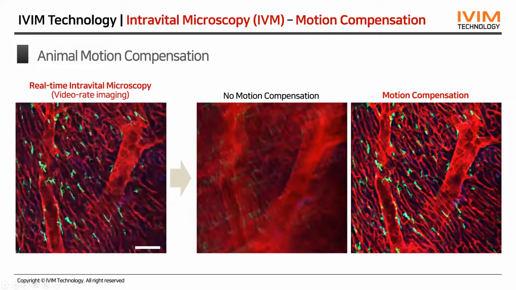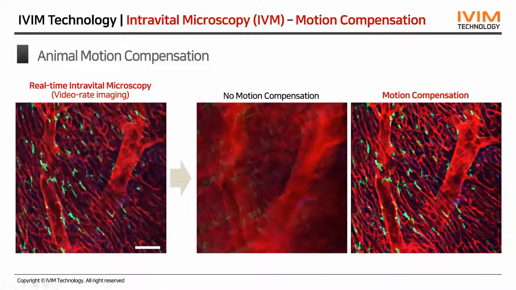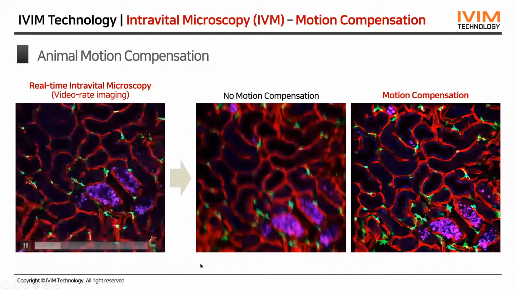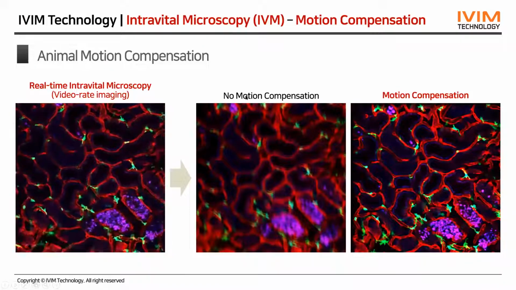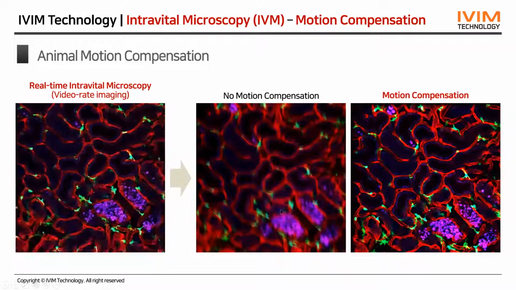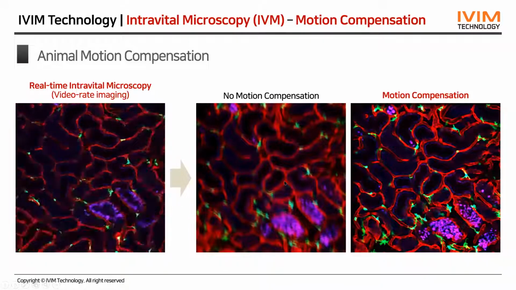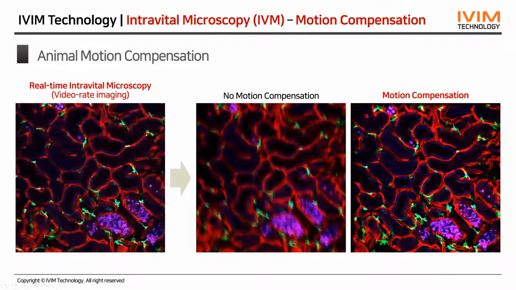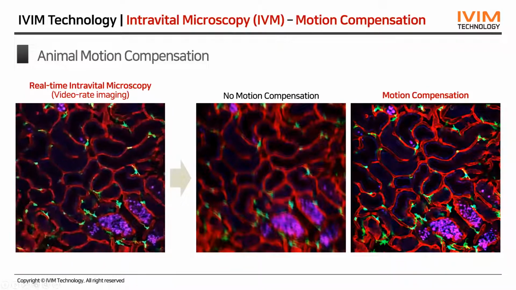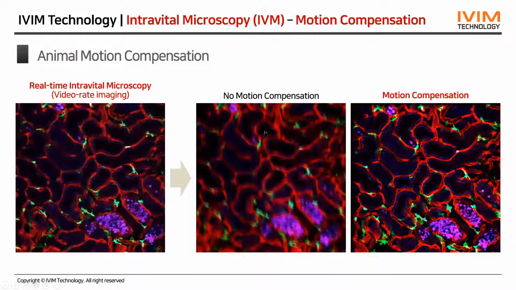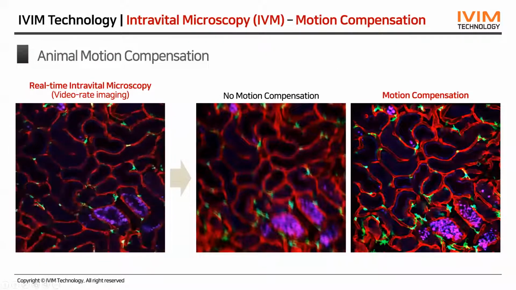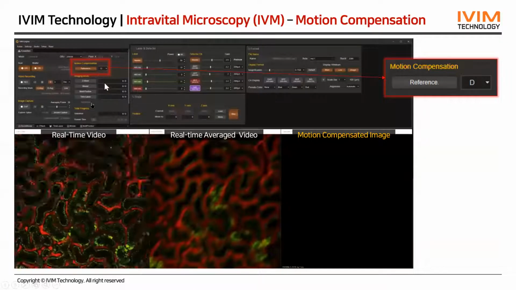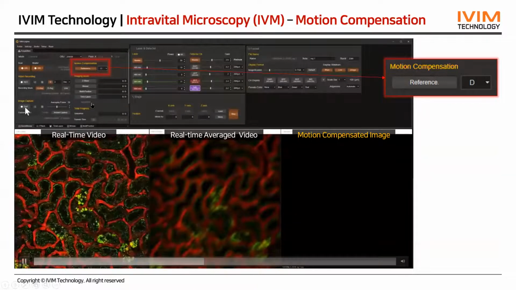So this is another example. This is a real-time video obtained from the kidney of an anesthetized mouse model. Again, without motion compensation, you will end up with blurred images. So to achieve very high resolution cellular level imaging, this motion compensation is definitely required. And our IVIM Technology IntraVital Microscopy has automated this process.